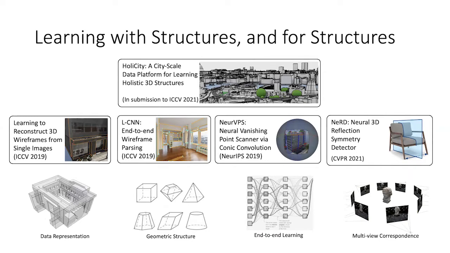We actually started to go back to the very basics. How can we produce and provide more reliable information for geometric inference and 3D reconstruction, from junctions, lines, planes, and even symmetry and so on, combining geometry and learning?